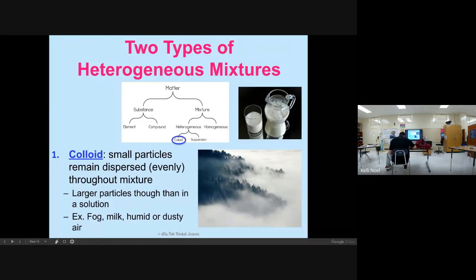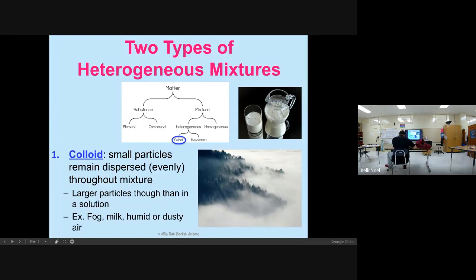Heterogeneous mixtures can be divided into two types. You can have colloids, and a lot of times we confuse colloids with homogeneous mixtures because they're evenly mixed, but the particles are a lot larger, and they actually don't allow light to pass through. When light hits those particles, the light scatters.